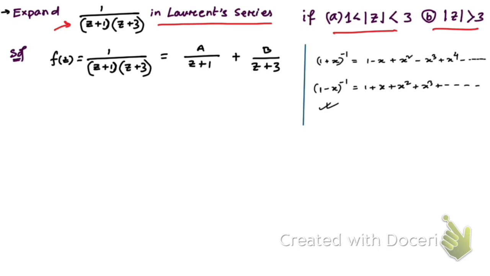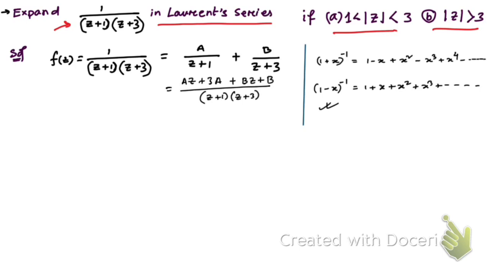First, let's find a and b using partial fractions. It's very simple here. If we take the LCM, z plus 1 into z plus 3, then we're going to have a into z plus 3, plus b into z plus 1.